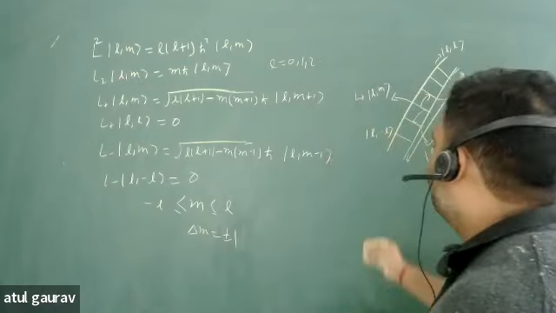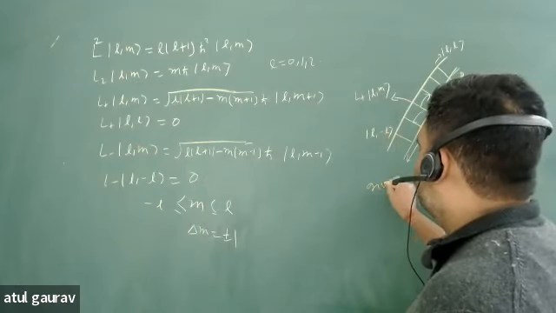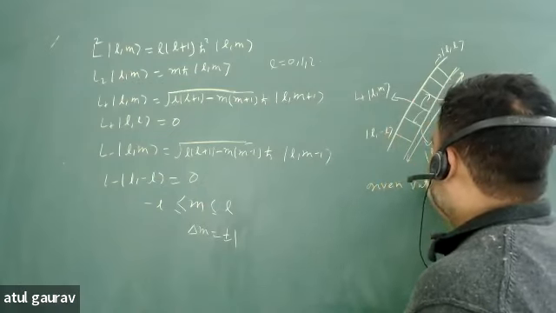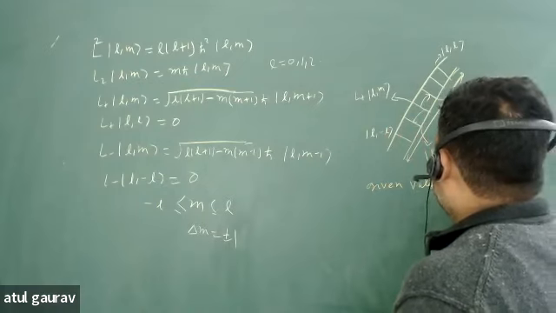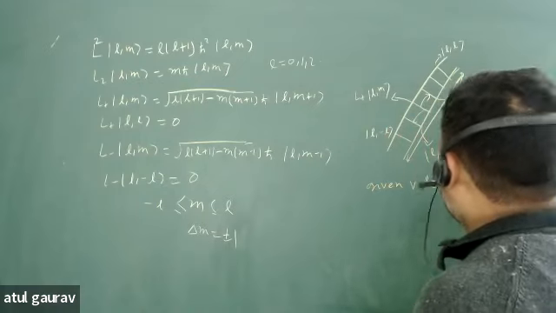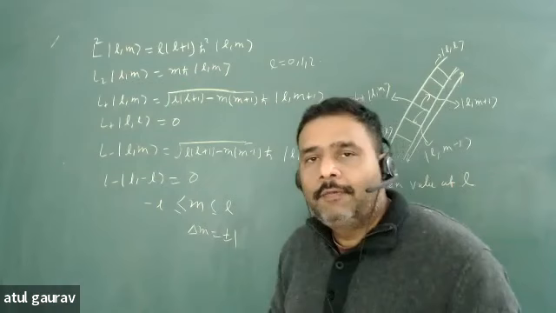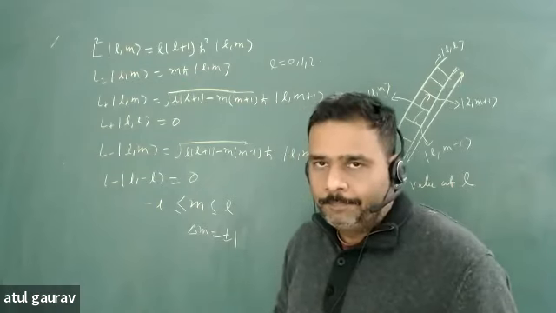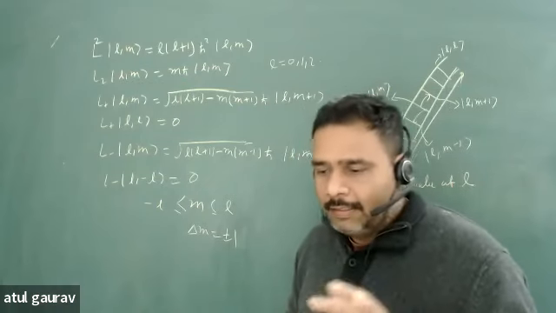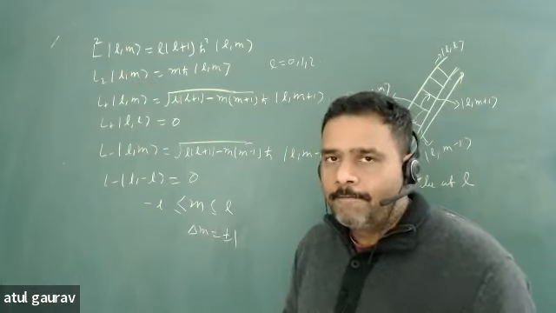For a given value of L, and if I am talking about a given value of L, I am talking about a given value of theta, because L is somehow represented with theta.